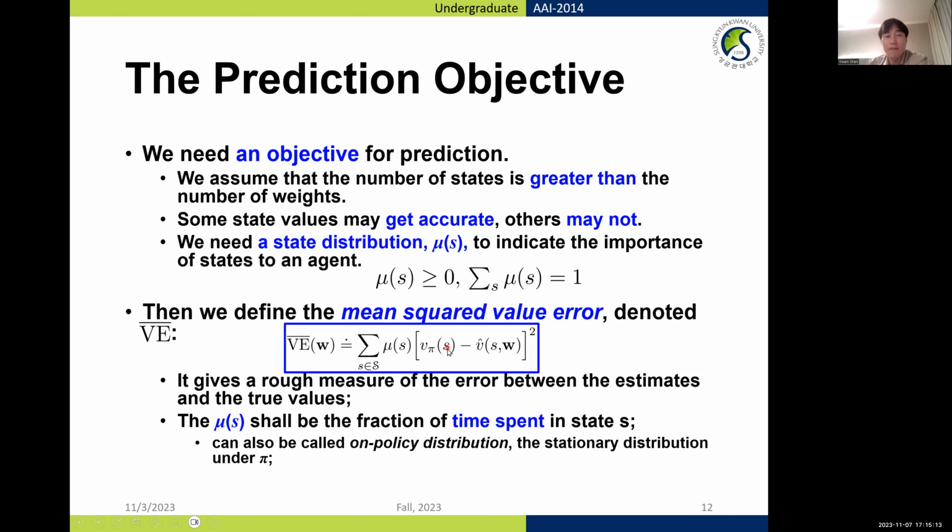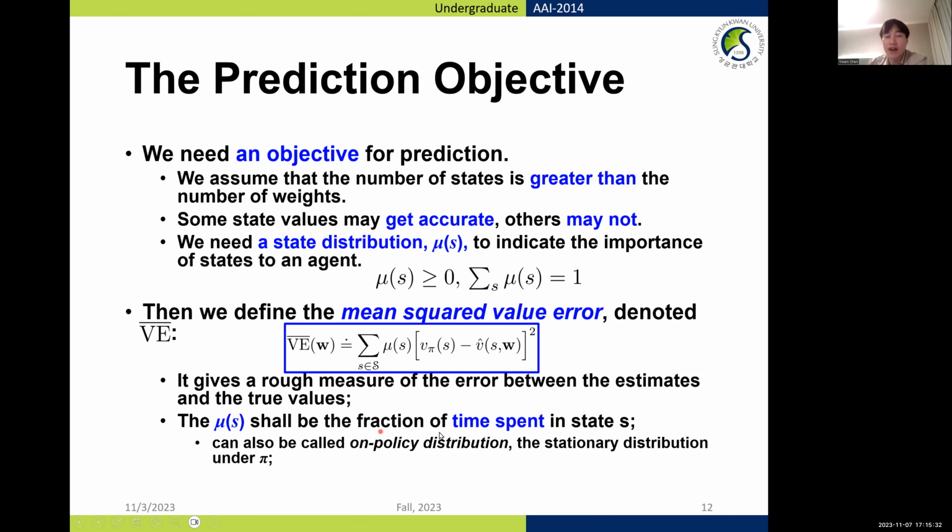We use the mean squared error term to represent the error. We want to minimize this error, so that we can keep updating W. It gives a rough measure of the error between the estimate and the true value.